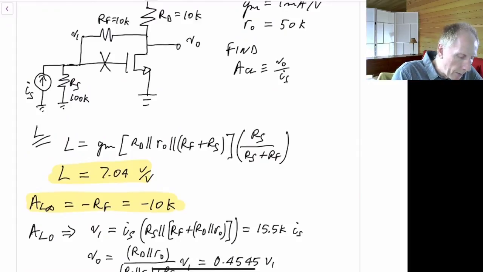Well, the impedance that we're going to see here to ground is going to be RS in parallel with RF in series with RD in parallel with R0. So that's the impedance we see at this node, and that gets multiplied by IS to give you V1.